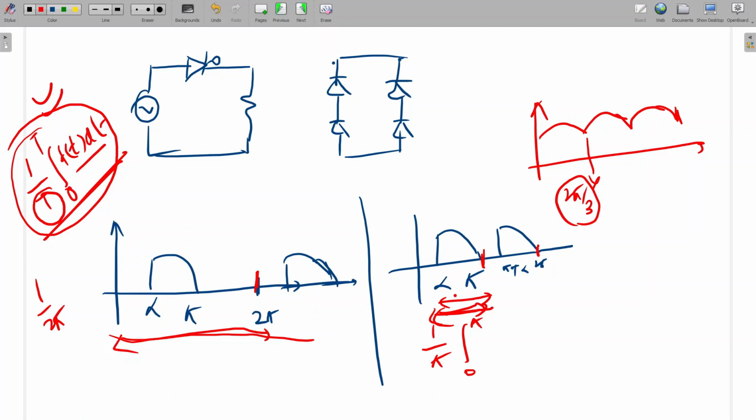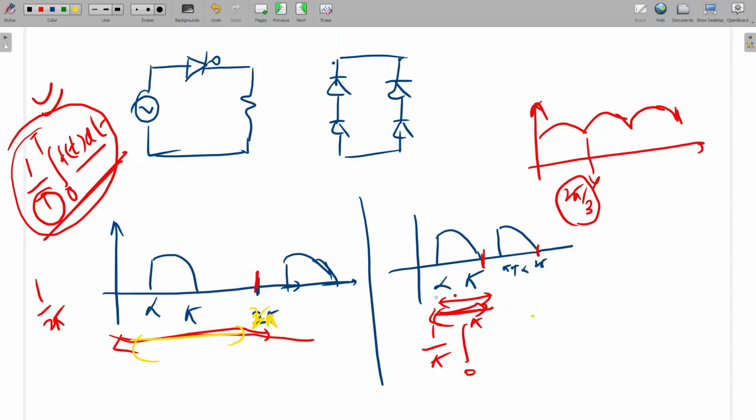Yes, sir. This time period, how will it come? You have to observe the output voltage waveform everywhere. If the output voltage waveform is repeating in every 2 pi, then it will be 2 pi. See, here this waveform is repeating in every 2 pi. This is one cycle.